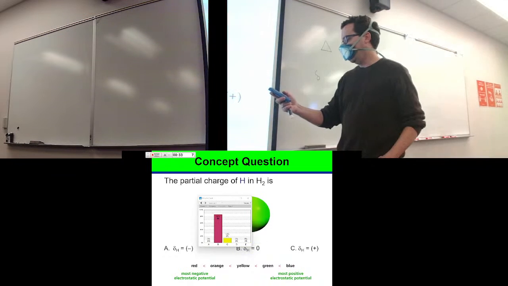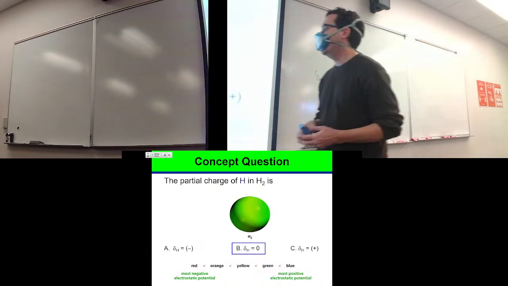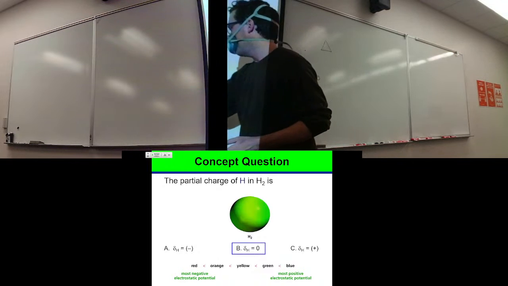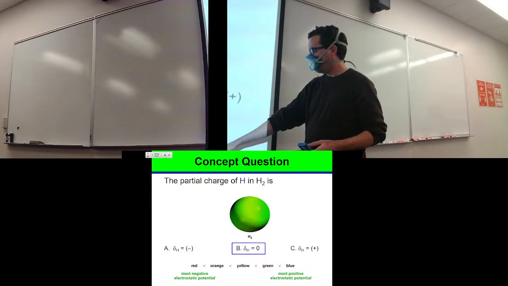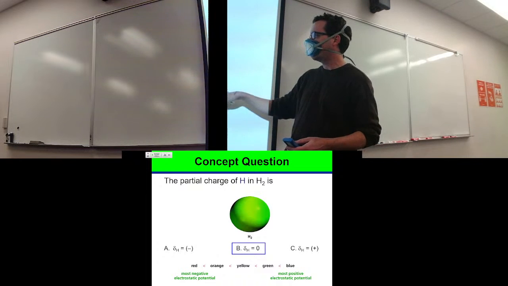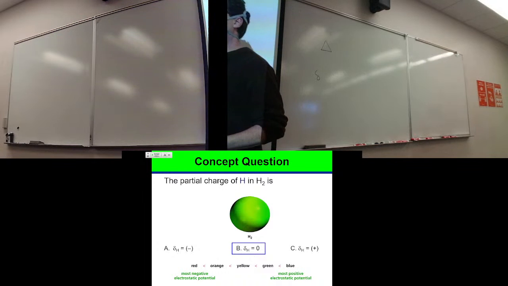Why? Some of you I think probably saw green was closer to electropositive, and you're like, well, if it's closer to the positive side, let's call it positive. But when you see one of these potential surfaces, there has to be an imbalance.